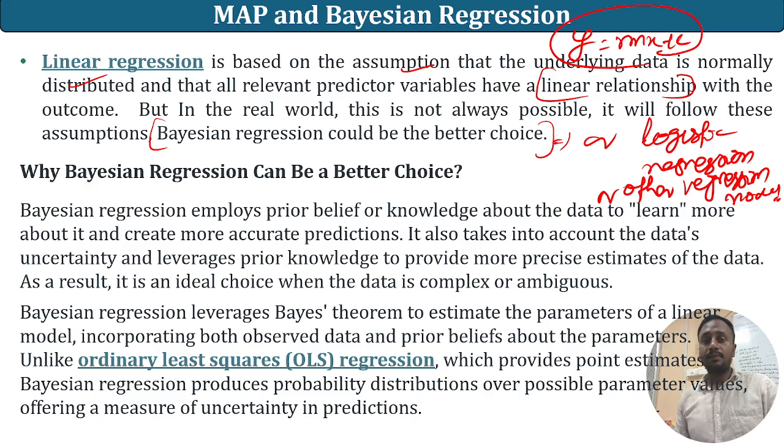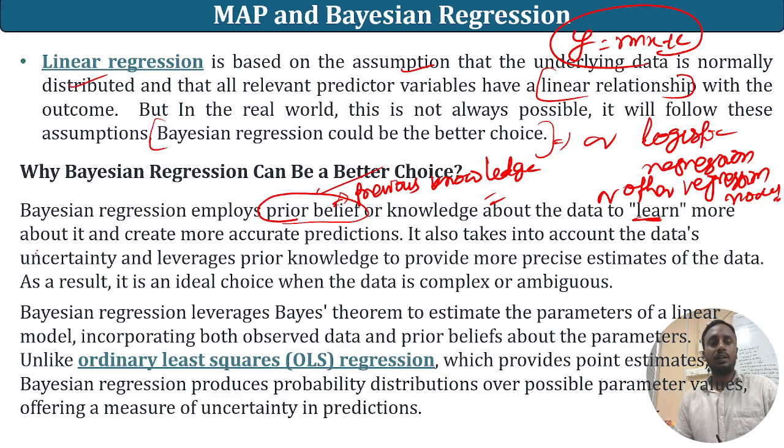So why can Bayesian be a better choice? Bayesian regression employs prior belief, previous knowledge about the data, to learn more about it and create more accurate predictions.